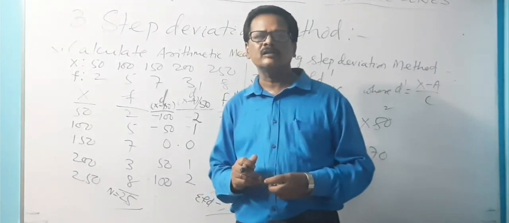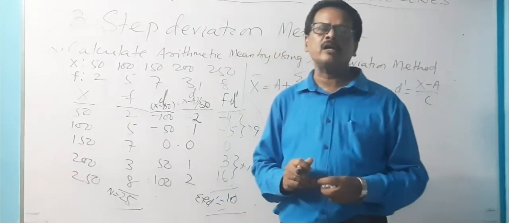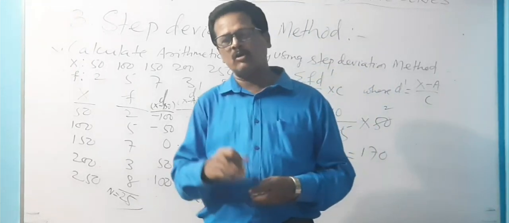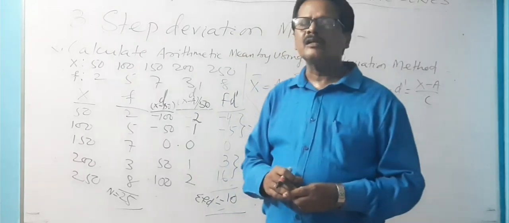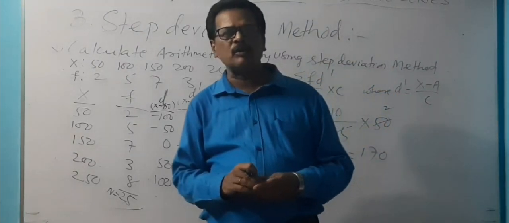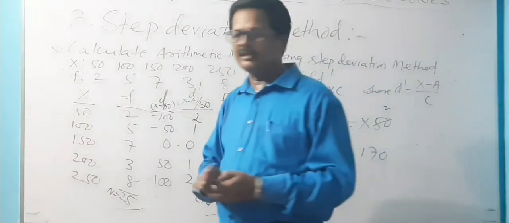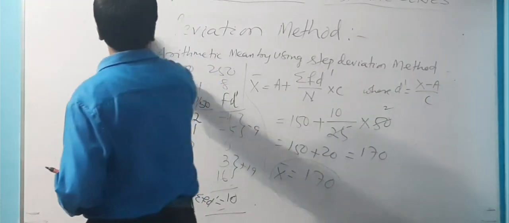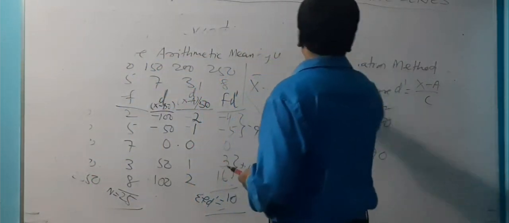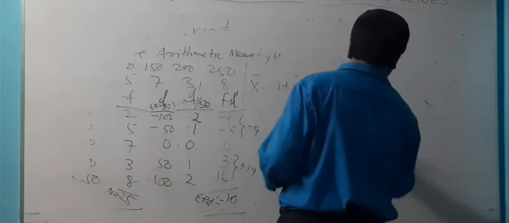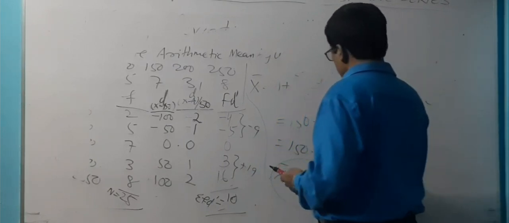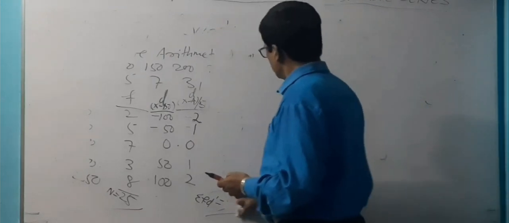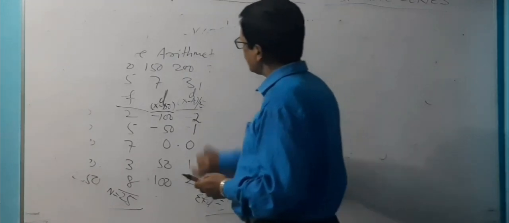I have already told you in the very beginning the formula X bar is equal to A plus summation Fx by N. There are three methods for calculating arithmetic mean in case of a discrete series: direct method, shortcut method, and step deviation method.